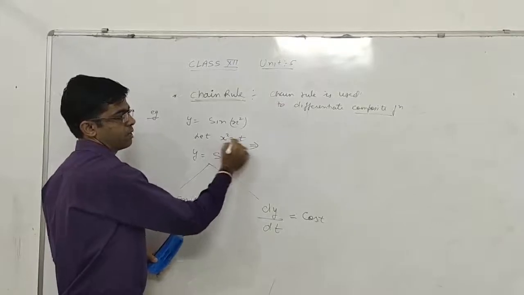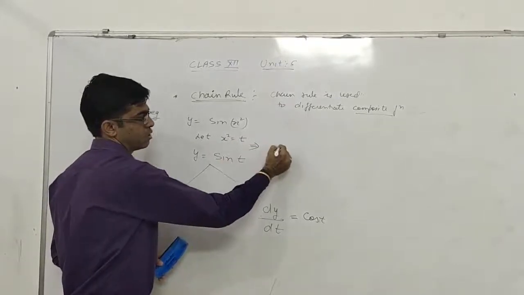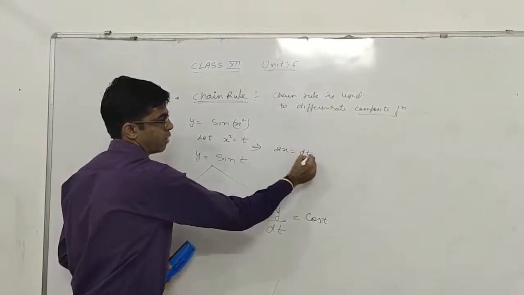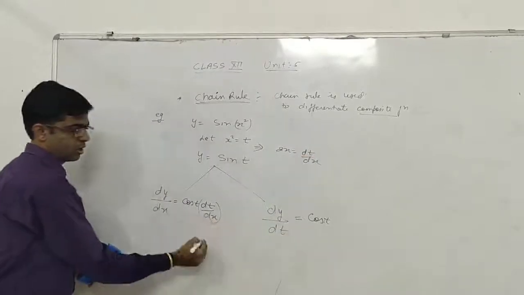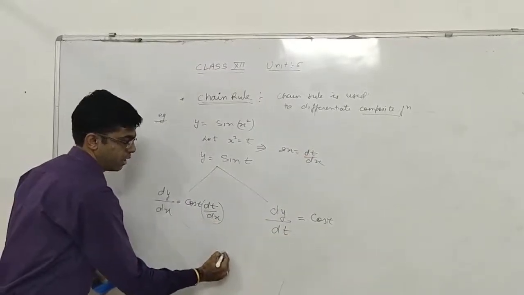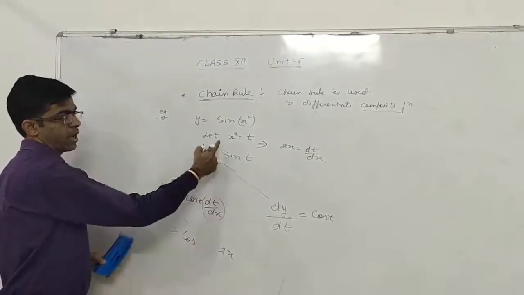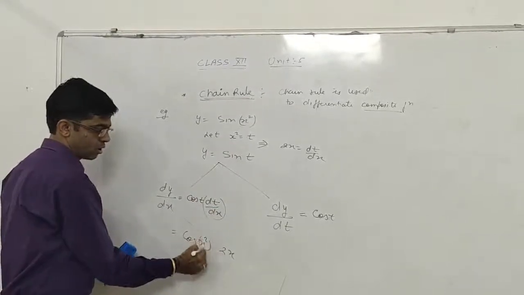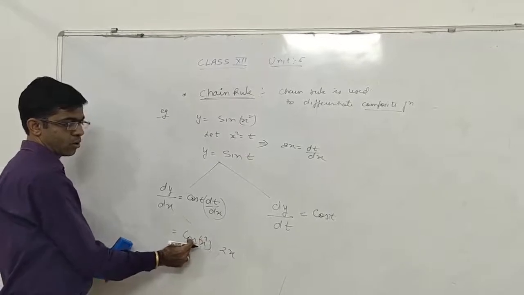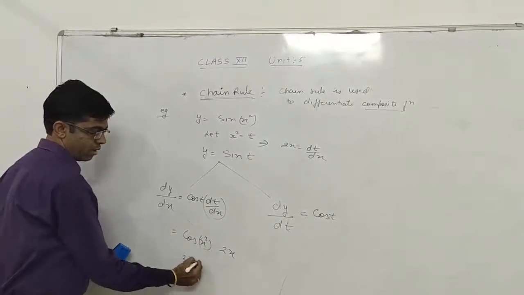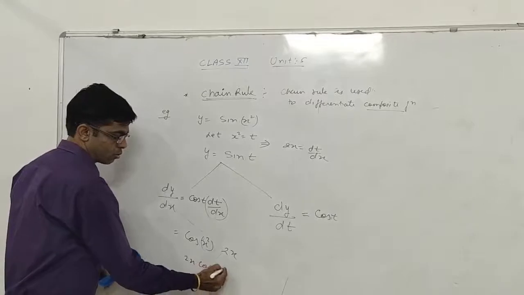Differentiating both sides with respect to x, this is 2x is equals to dt upon dx. So in here we can write 2x and cos t. T is what? x square. The angle is x square for cos. So finally 2x cos x square.